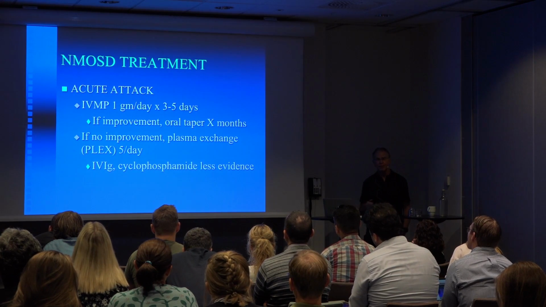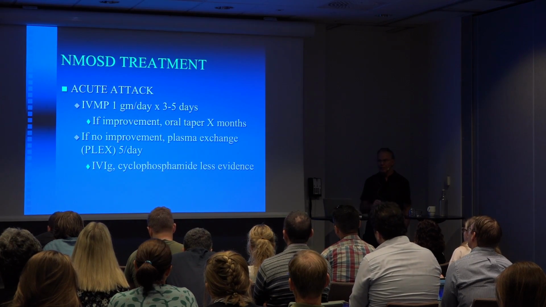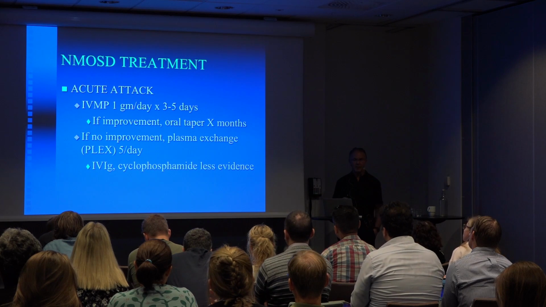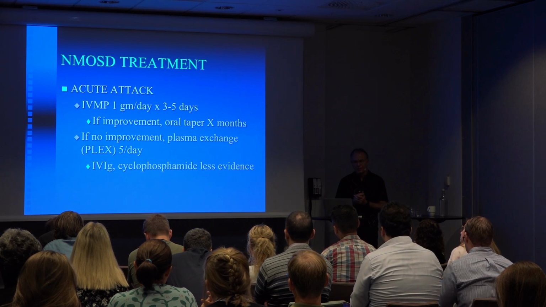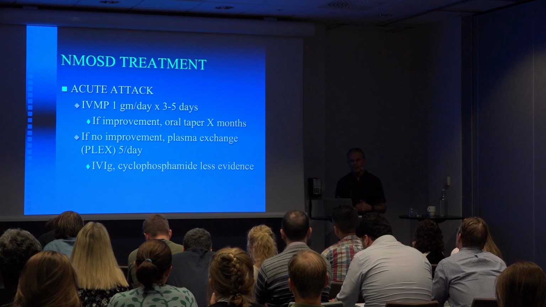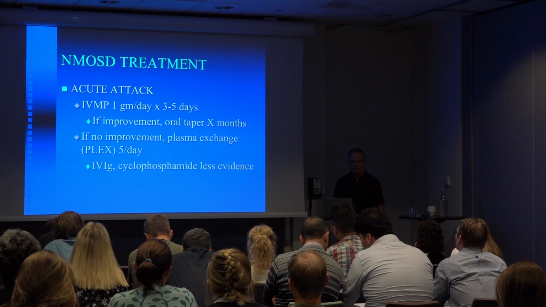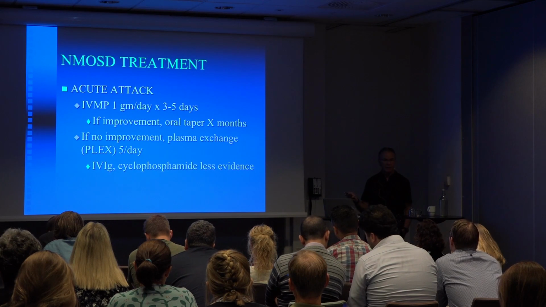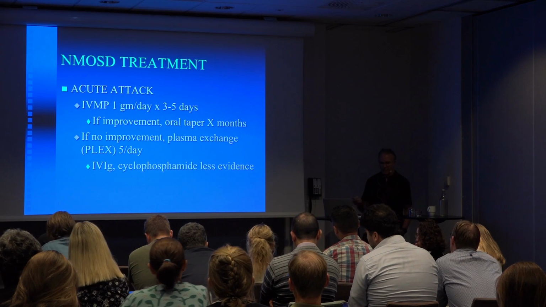So what do you do for them? If you've got a patient and you think that they're NMO, you can't really wait for the NMO antibody. You're going to consider ordering it, and we'll end with that at the end here. But you've got to think about whether you're going to treat them aggressively. If there's a question about this, the use of high-dose corticosteroids, you've got to start it right away. You can't wait for the antibody test to come back.